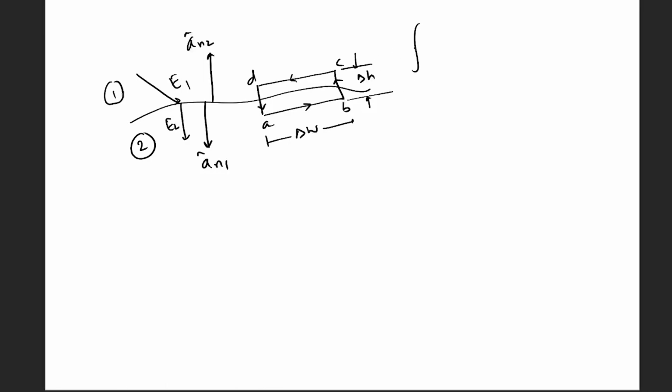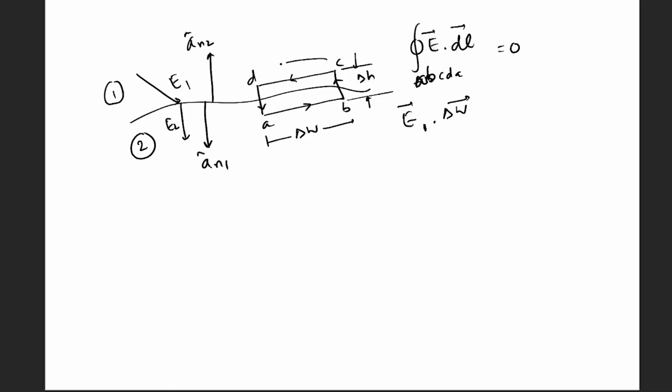So using the integral form of the Maxwell equation, for this loop A, B, C, D, A, the closed line integral of E dot dl is equal to 0. What I will have is E1 dot delta W.